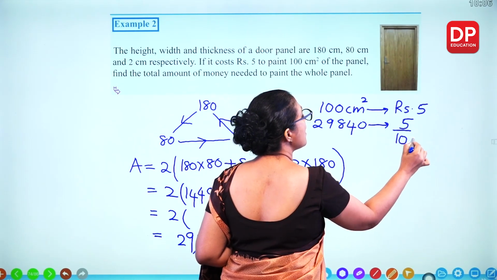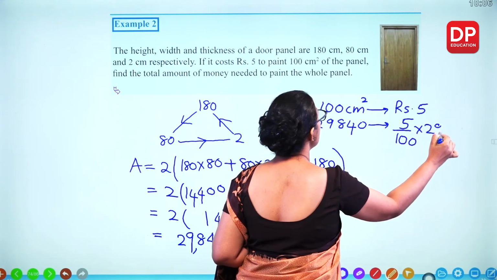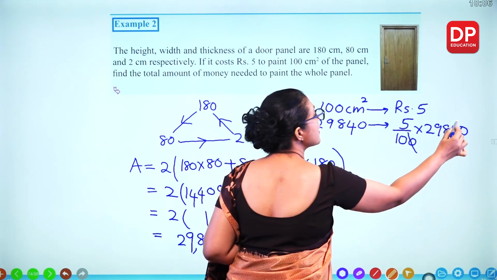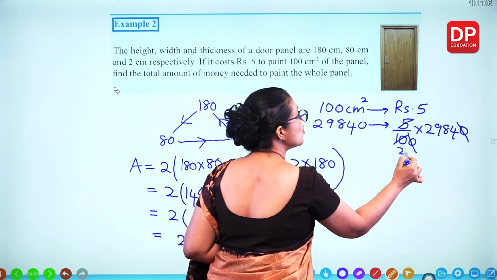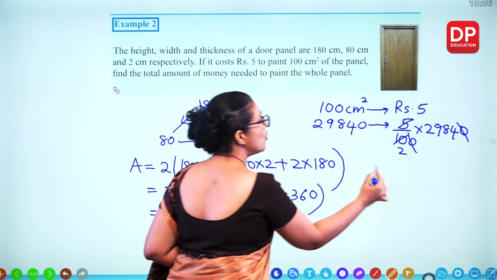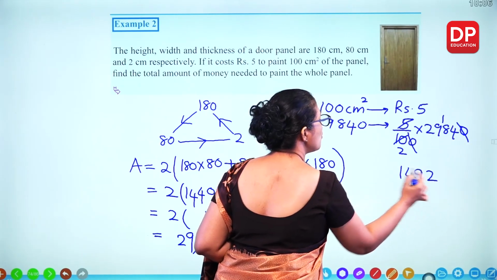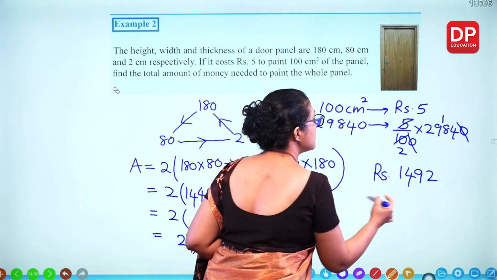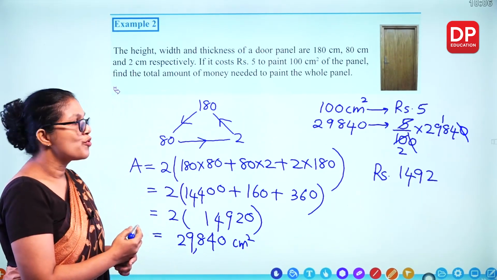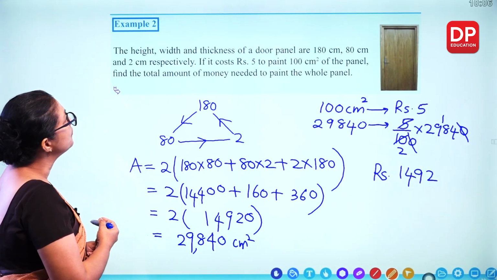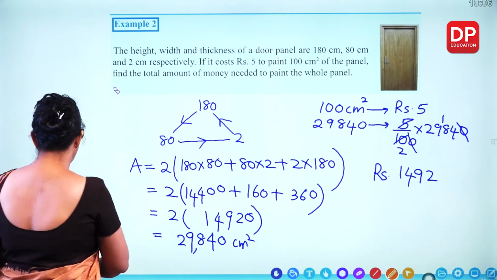You divide by 100 and multiply by 5 times 29,840. The zeros get cancelled out. 5 times 2, so divide by 2. 1492. So 1,492 rupees we need to paint this door panel.